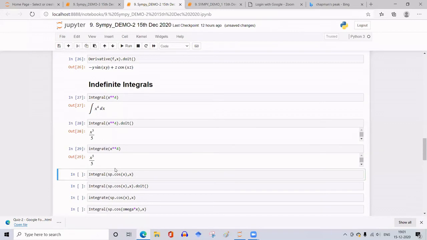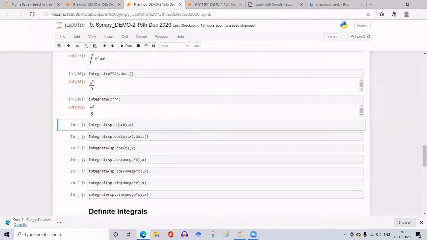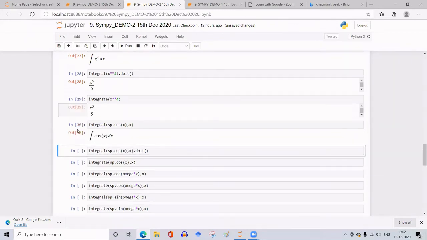You can do that with the trigonometric function also. This is the cos x I am taking from the SymPy module, sp.cos x, and integrate it with respect to x. I want that first in the symbolic form, Integral. If I run this cell, I get integral of cos x dx.